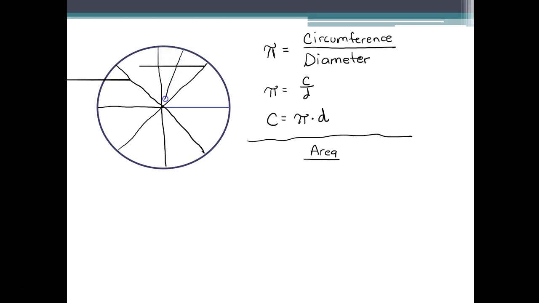I'm getting hungry for lunch, so all of it is making my stomach rumble. Imagine yourself dividing this up. It's going to look like a wagon wheel. But let's say you divide it up into so many pieces that this part here is no longer round. It's straight. And let's say you take those pieces apart and you start laying them like this.